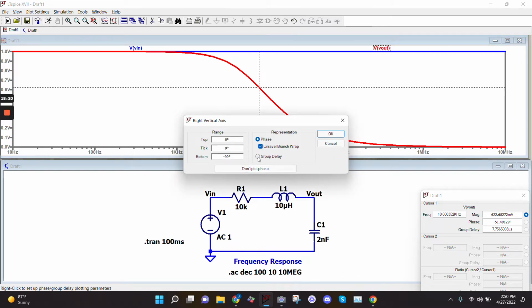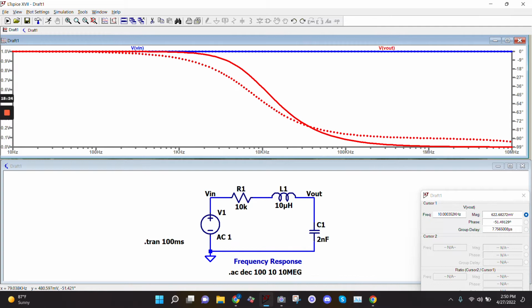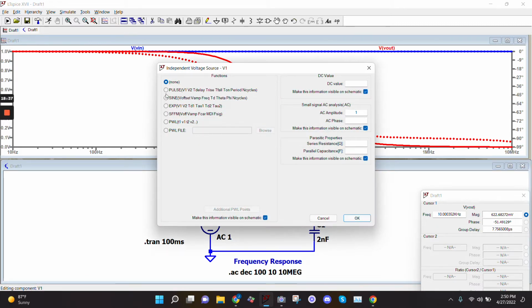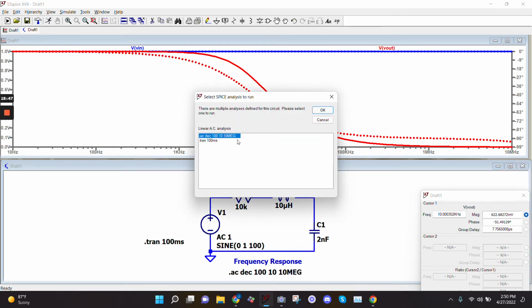I don't know how to undo that. Whatever, it doesn't matter. But basically I'm going to throw 100 hertz in here, and we're going to see that my output should be roughly equal to my input. So let me go create a sine wave. 0, we'll do 1 volt like I said, and we'll do 100 hertz.